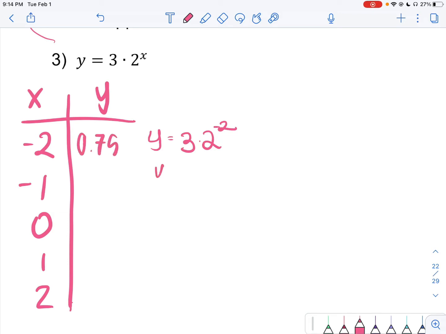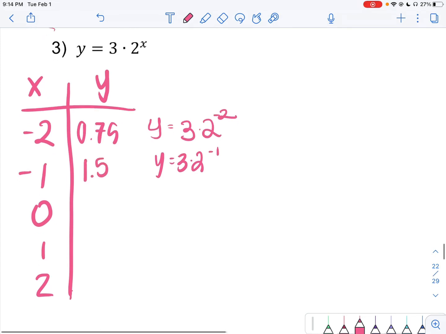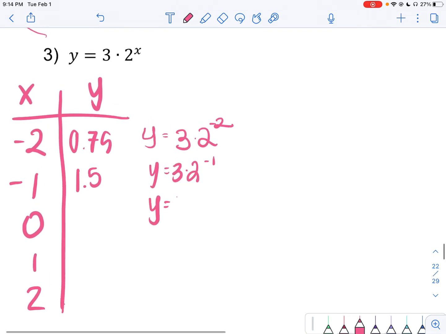And we're just going to continue down, and keep replacing that x with whatever our x value is. It's a lot easier to use decimals when you are graphing instead of fractions. Okay, so again, exponents first. This one you don't even need a calculator because anything raised to the 0 power is 1. So 2 to the 0 is 1 times 3 gives you 3.